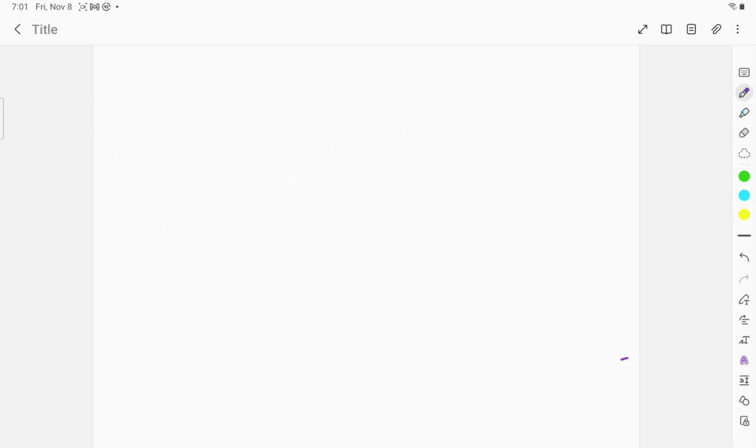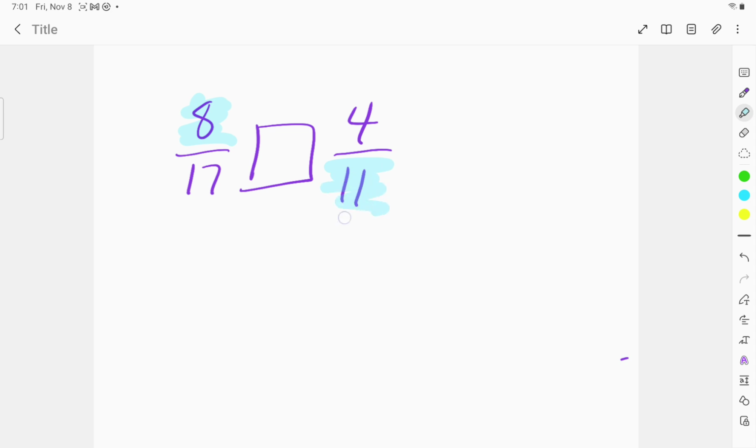All right, so I'll do number 8. I have 8 over 17, the little box, and then 4 over 11. So I'm going to cross multiply. 8 times 11, then I'm going to do 4 times 17.